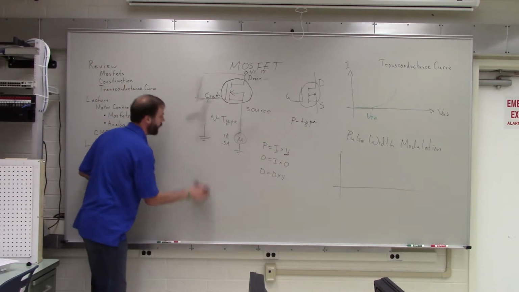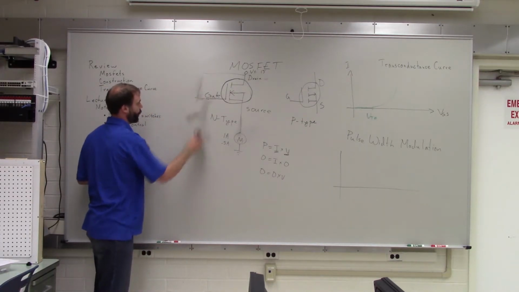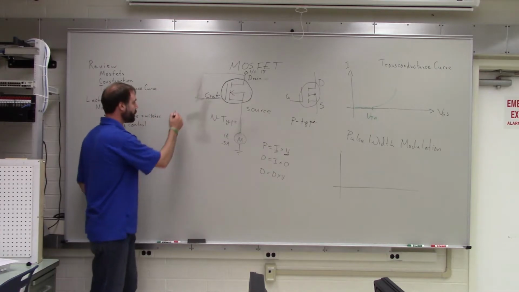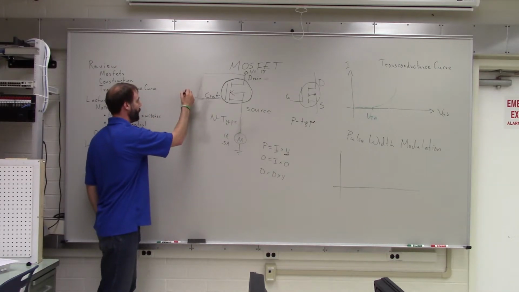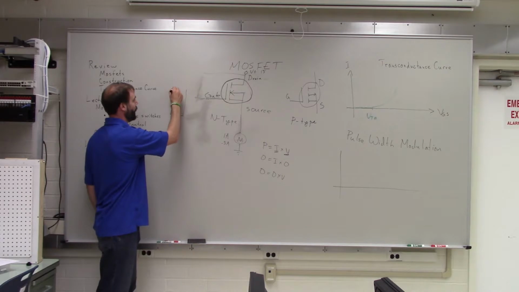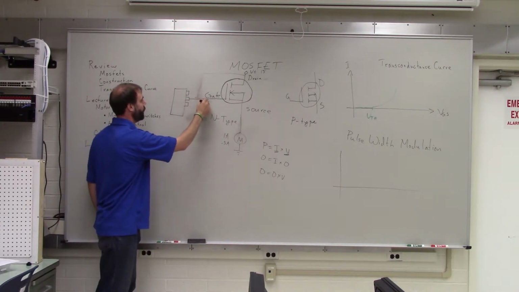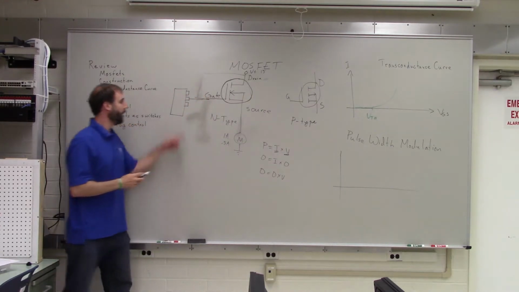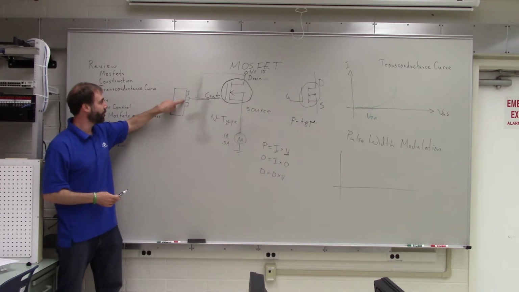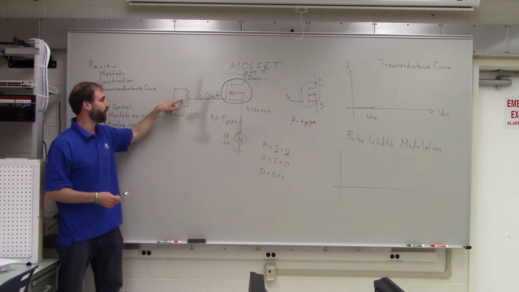So if you were doing this with a microcontroller, you would have your little microcontroller chip over here, and there would be the little pins, and you'd have one pin connected to the gate, and you would be creating pulses of voltage on this pin.